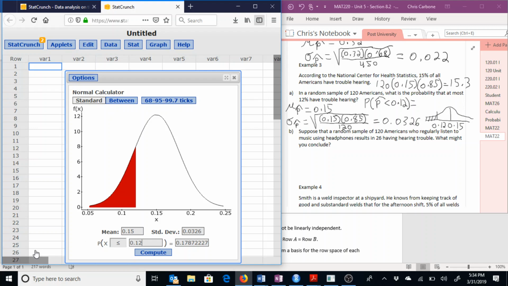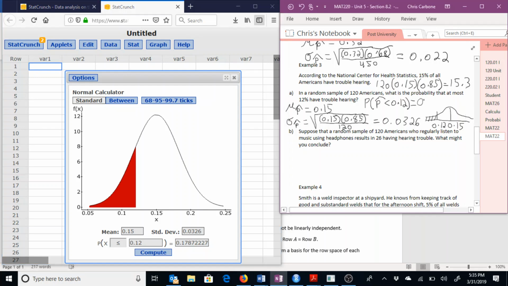That's going to give us a value of 0.1787 in the area to the left of that value.